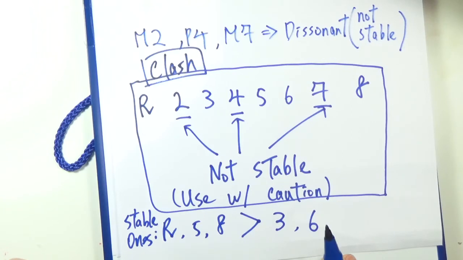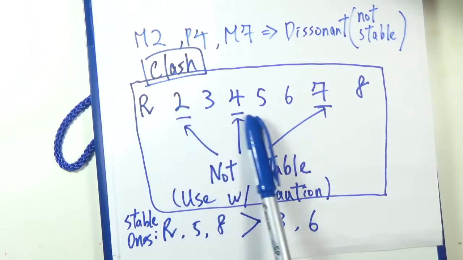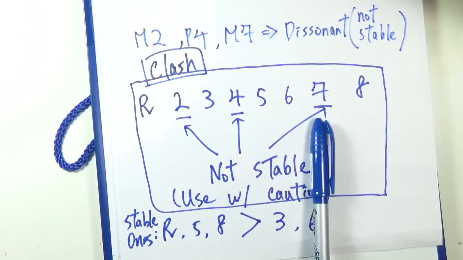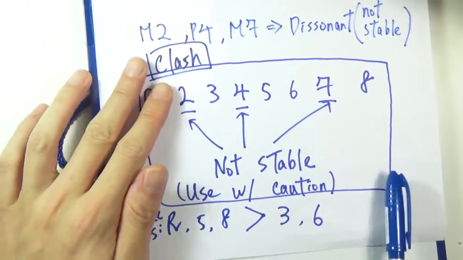Remember, we are not talking about usability yet, so we can still use them depending on context. You just have to use them with caution, and we will discuss them in much later sections when we talk about harmony. For now, all you need to understand is the 2nd, 4th, and 7th in a major scale are not very stable.